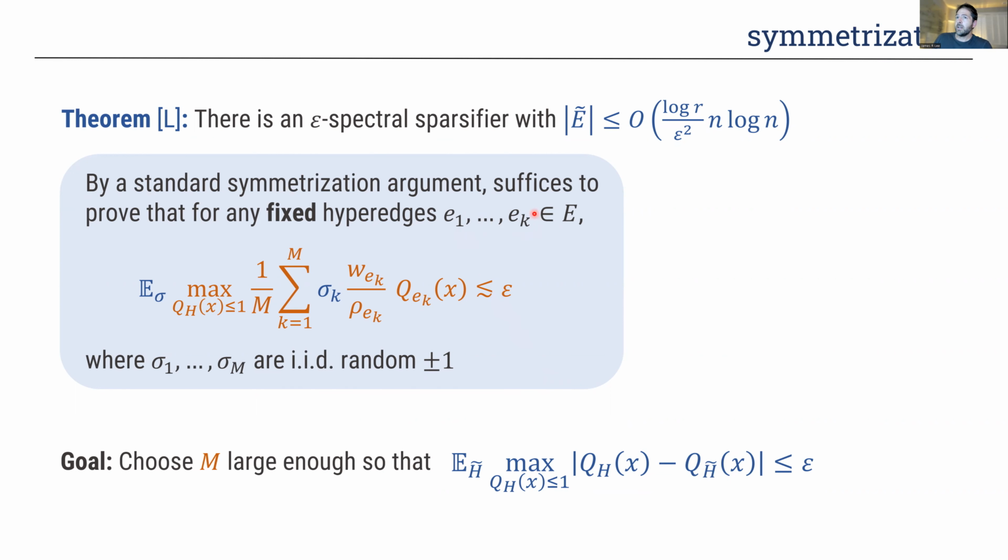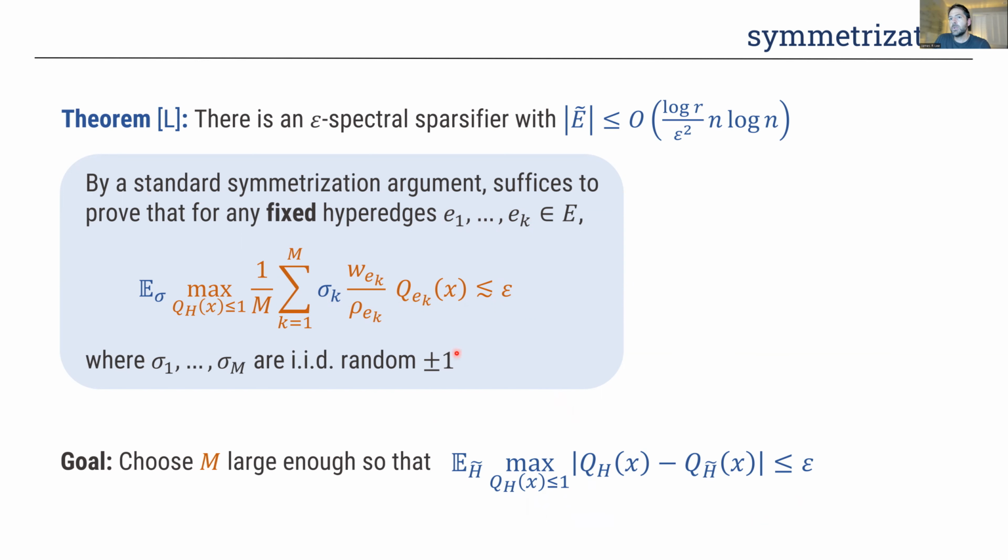It suffices to analyze, for every fixed collection, this should be e_1 up to e_m, not e_1 up to e_k, of m hyperedges, that the expected maximum of this randomly signed sum is at most a constant times epsilon. The idea here is that we're trying to argue about concentration in order to bound this quantity.